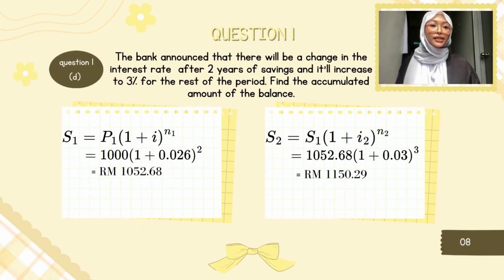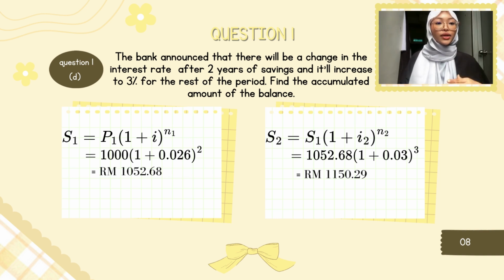Okay, so for question D, the bank announced that there will be a change in the interest rate after 2 years of saving and it will increase to 3% for the rest of the period. Find the accumulated amount of the balance. In this question, we are going to use two steps of formula too. The first one is S1 equals P1(1 + I)^N1.